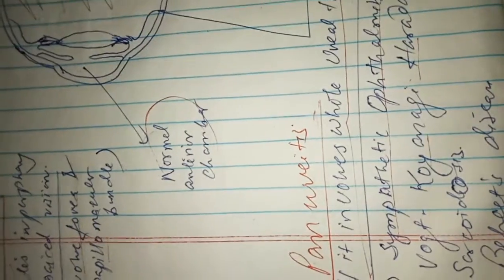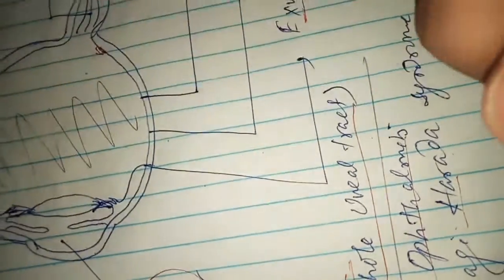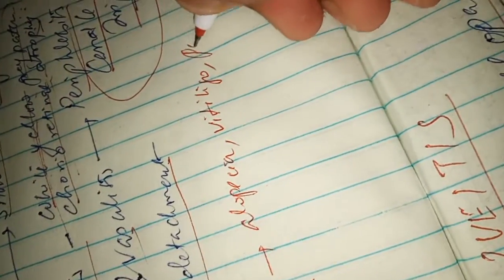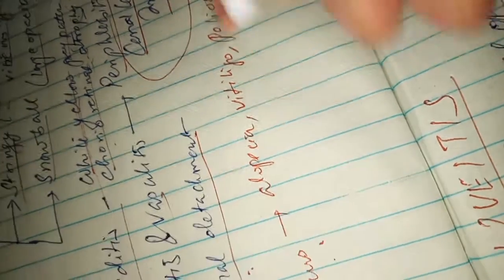It is basically associated with cutaneous, neurological and audiological involvement. So three things: cutaneous involvement. What are the cutaneous lesions? Alopecia, vitiligo, and poliosis.